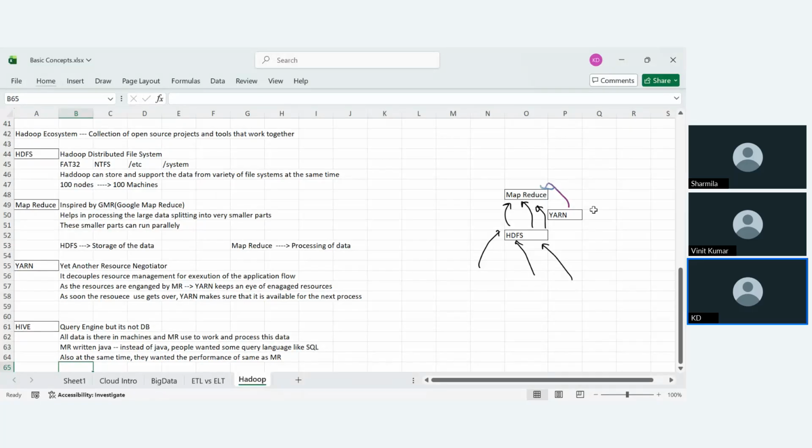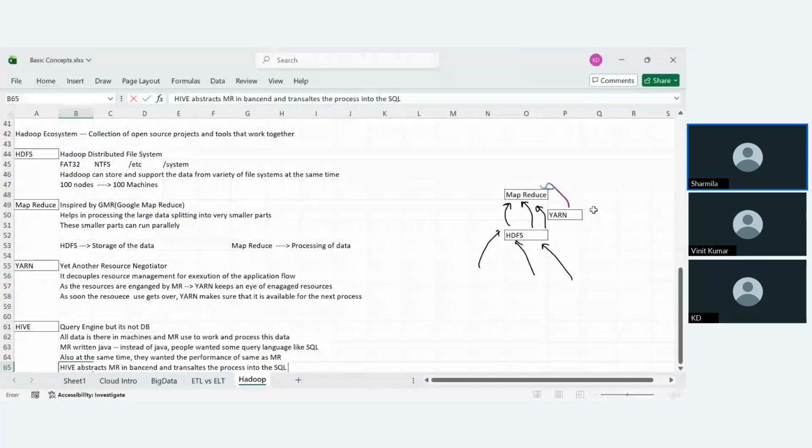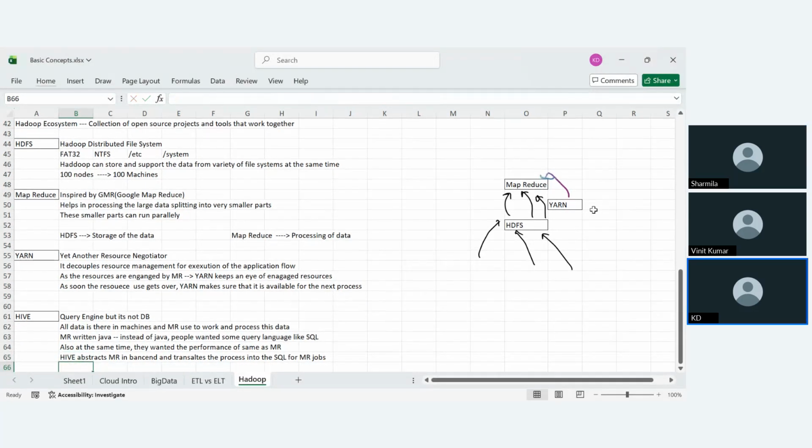So Hive abstracts the MapReduce in the backend and translates the process into SQL for MR jobs.